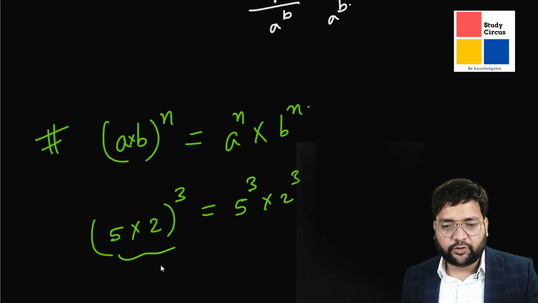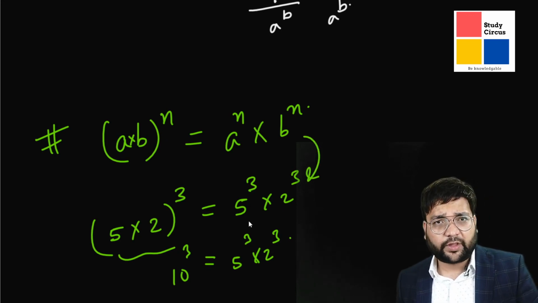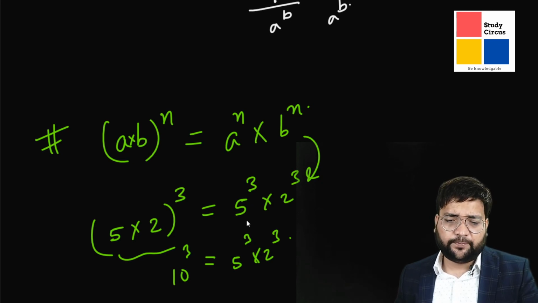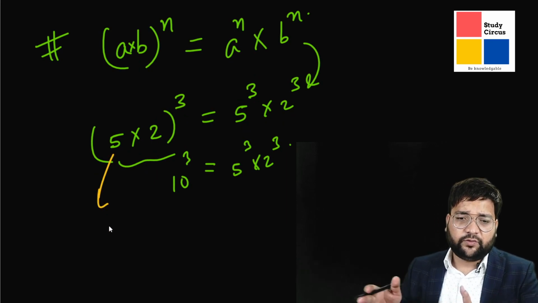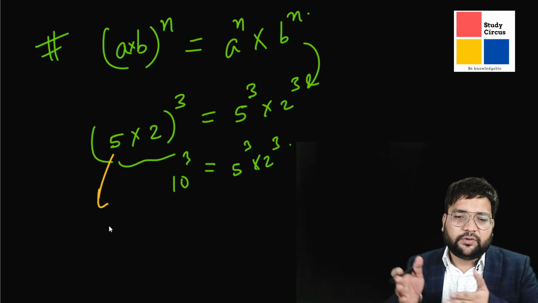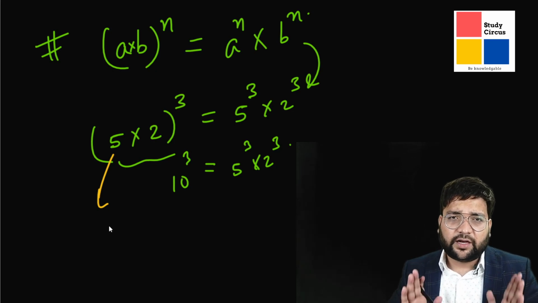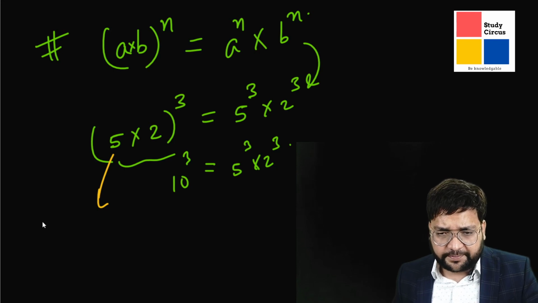So this is 5 into 2, that is 10 to the power 3 basically, which is 5 to the power 3 into 2 to the power 3. So this property I have used like this. And if you want to see the proof, it's the same thing: just write 5 into 2, 5 into 2, 5 into 2 three times. That is 3 5s and 3 2s, 5 to the power 3 into 2 to the power 3. Ultimately you can understand this one.